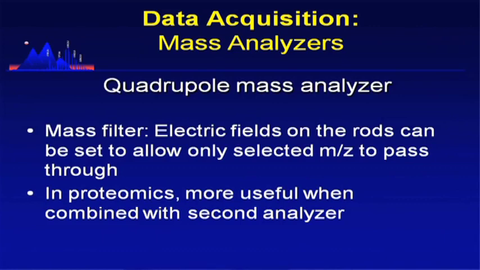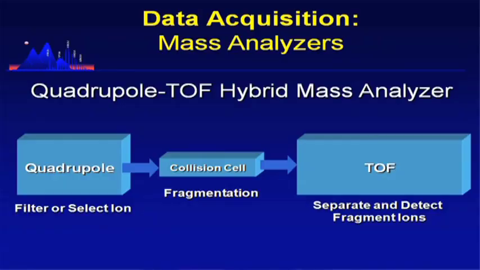We apply an electric field on these rods such that only ions of a selected mass over charge ratio are going to have a stable oscillation down the length of the quadrupole. Those will be the only ones that make it the whole length and come out the other end to the detector. The rest of them will become unstable and go off on the side. So it's very good as a mass filter.